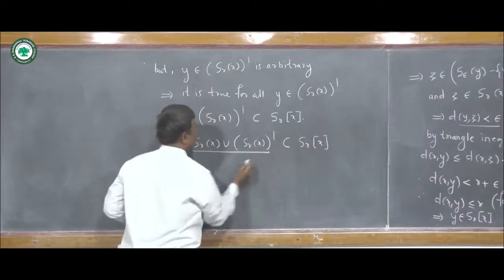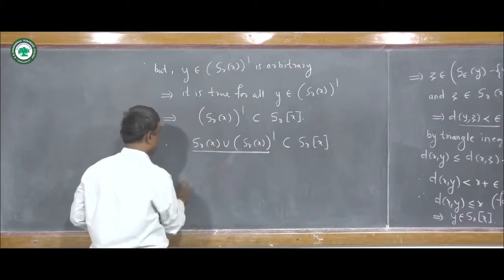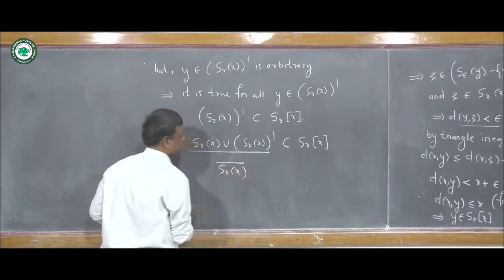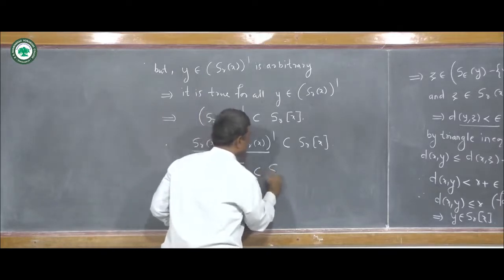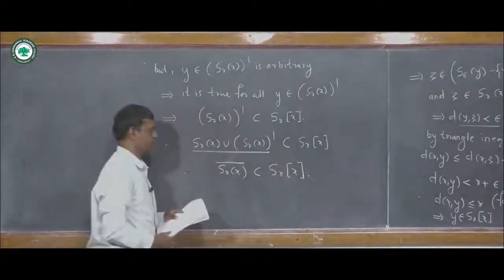Now we know that this set is nothing but the closure of the open sphere. So therefore the closure of the open sphere S_r(x) is contained in the closed sphere S_r[x].